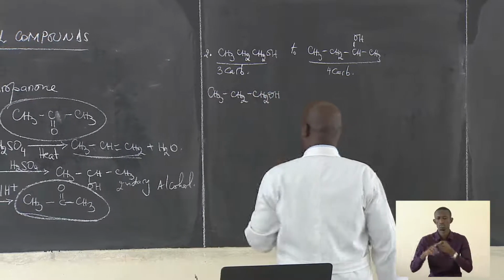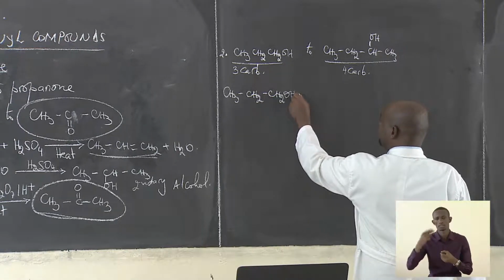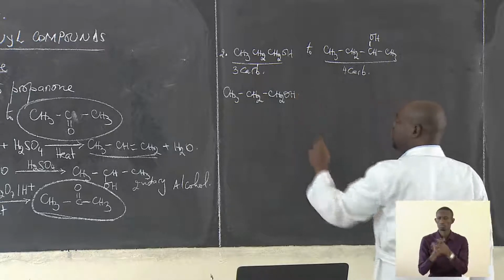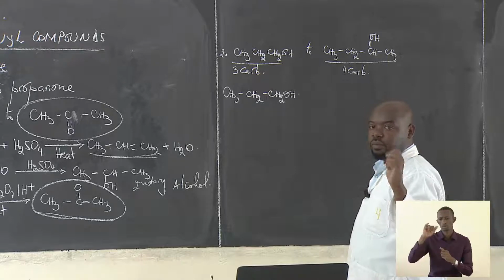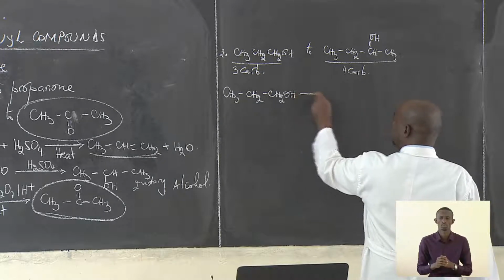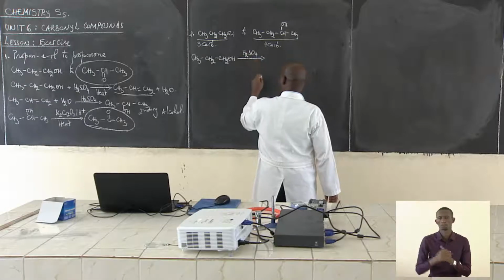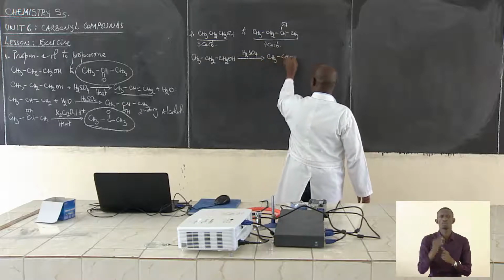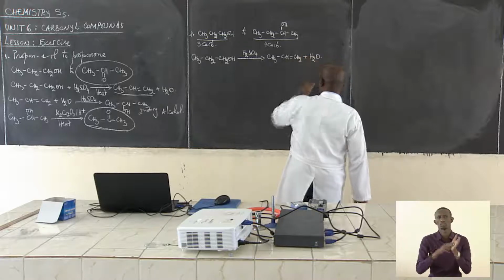We dehydrate the compound to produce what? To produce a double bond, and from the double bond we will oxidize, the ozonolysis, to produce an aldehyde. So if we add H2SO4 as a dehydrating agent, we get CH3CH=CH2 plus H2O.